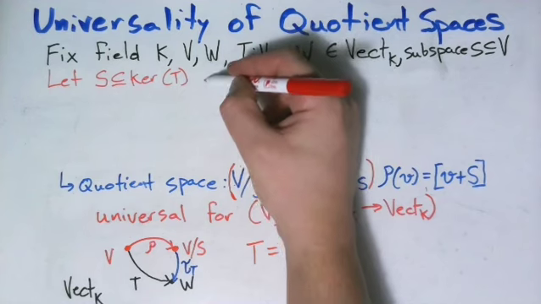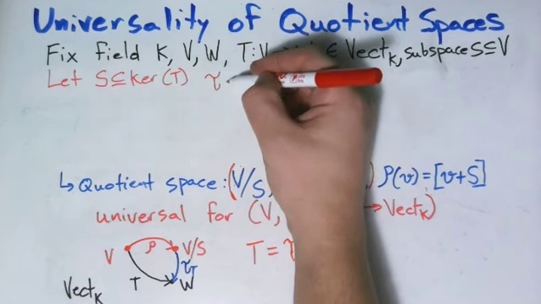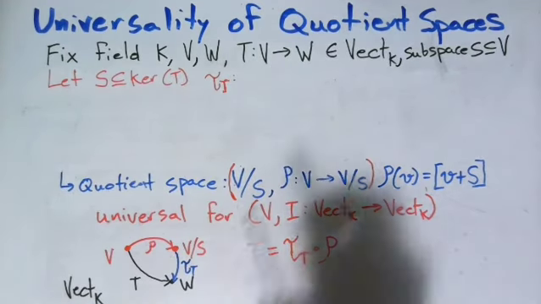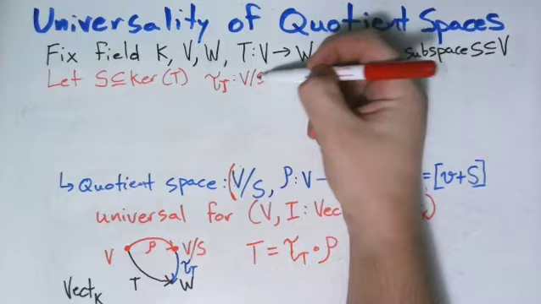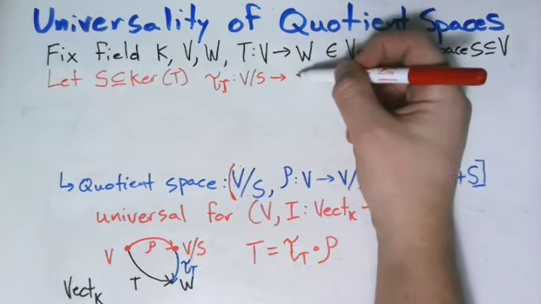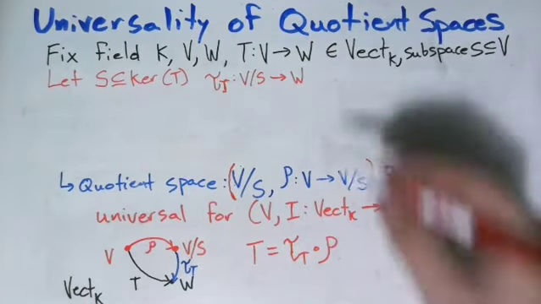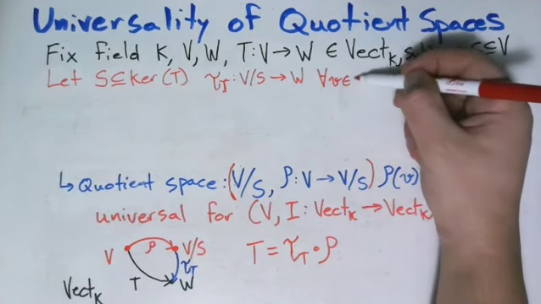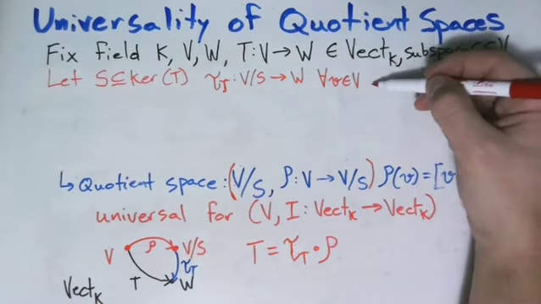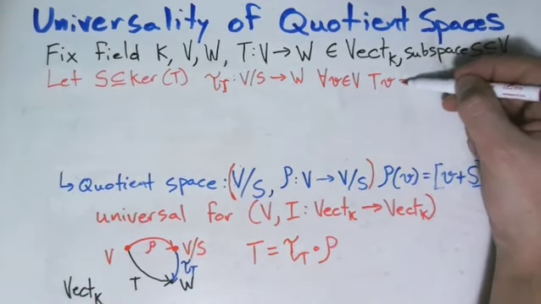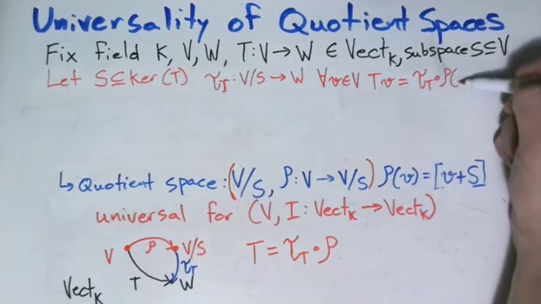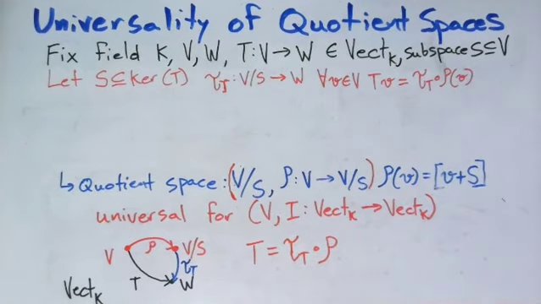So we would need to have some tau of t which goes from V over S into W. And it would need to be the case that for any v in V, we have that t of v is equal to tau of t after rho of v. This is just the universality equation applied here.